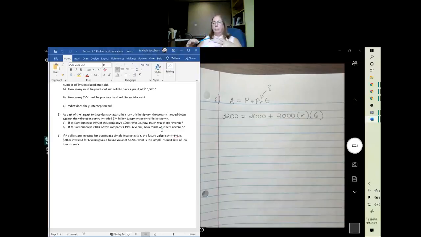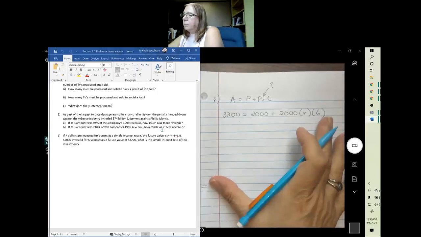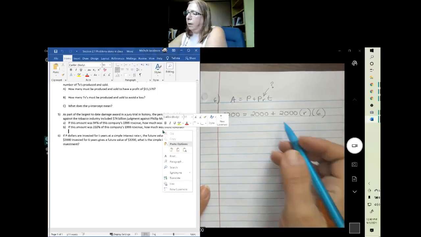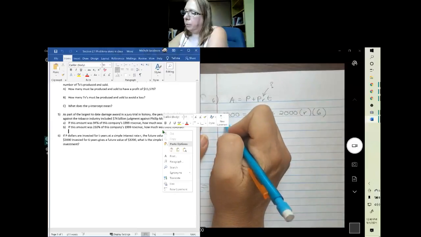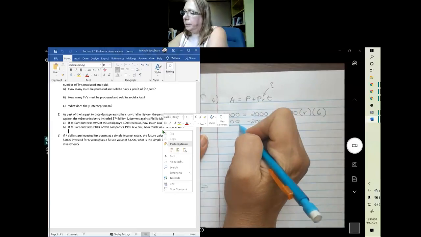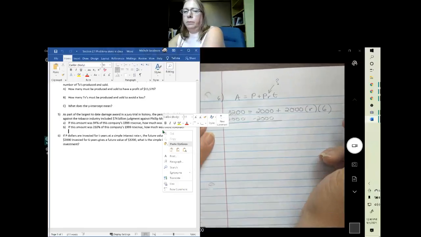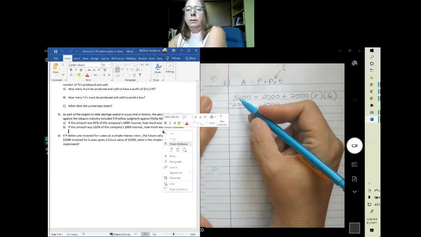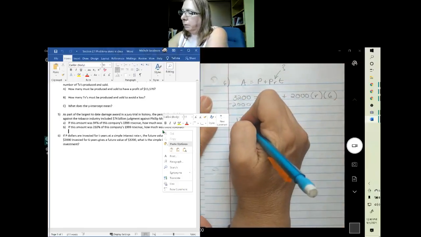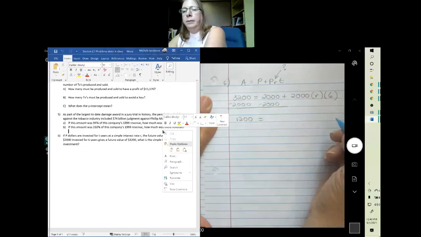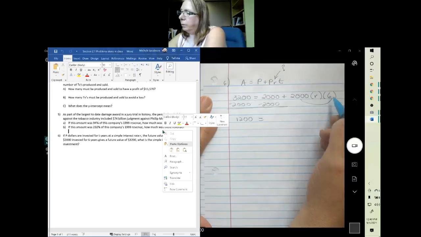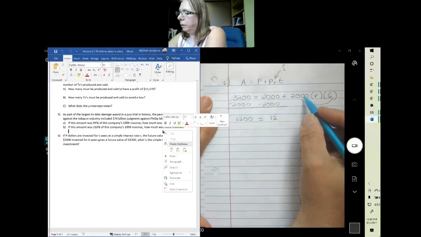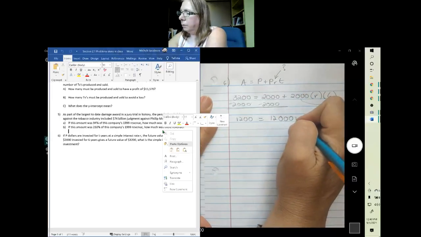So then we need to simplify and solve for R. I would probably subtract the 2,000. The order you do it in is really up to you as long as you follow the rules. So that would be 1,200, and then 6 times 2 is 12,000.